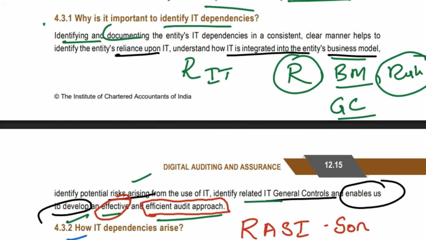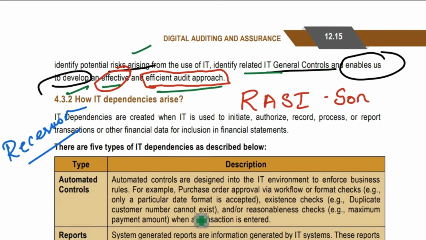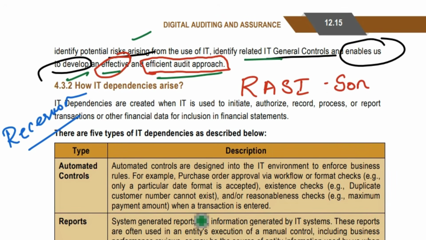There can be a question: why is it important to identify IT dependencies? I saw this question somewhere, I don't know where, in some RTP or MTP. And how do IT dependencies arise? For that I have given a clue technique.